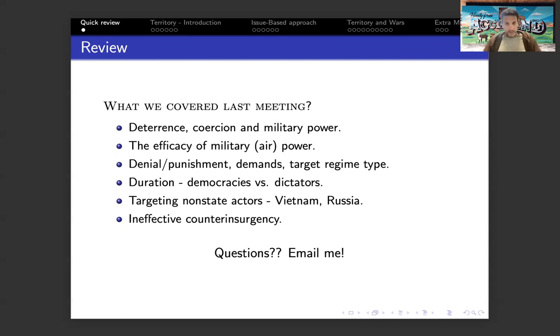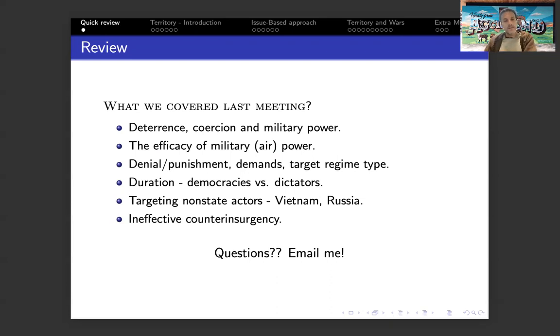Then, in the final section of the lecture, I talked about the idea of using aerial power as a coercive tool against non-state actors. The two examples I talked about were researchers that focus on Vietnam and the Russian actions in the North Caucasus. The general conclusion we can draw from those studies is that applying aerial power as a coercive tool against insurgents is in most aspects ineffective.